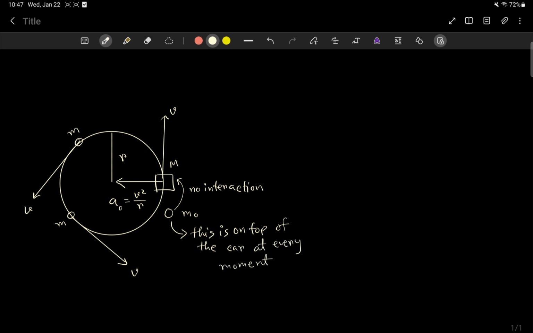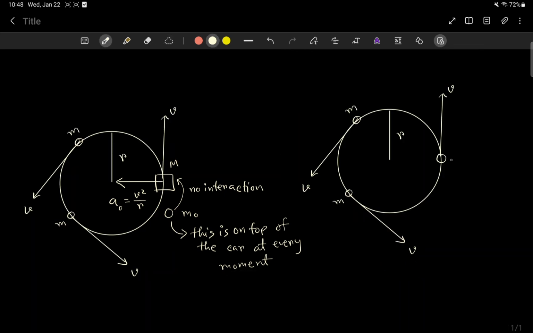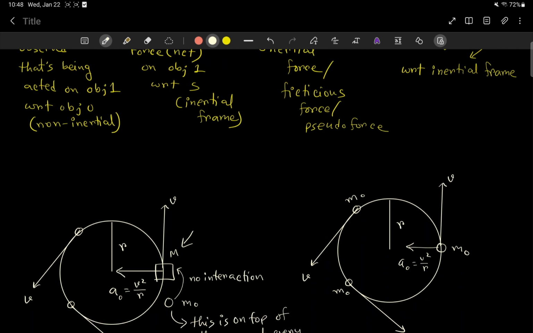Then its motion is the same as the car's, so its acceleration has to be radially inward and equal to v squared divided by r. We are trying to see this from the perspective of m naught, or object 0.